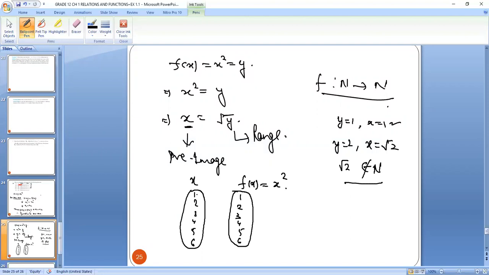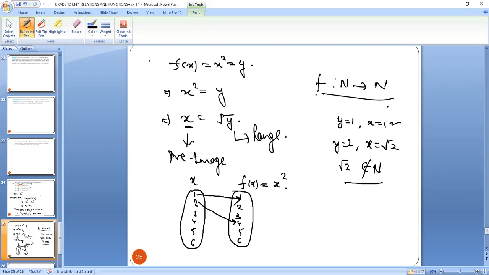Then 1 will be connected to 1, 2 will not, x is 2, then y will be, sorry, y is 2, then x is root 2, then root 2 is not there, the 2 is not connected to any element, 3 is not connected to element, but 4 is connected to 2. Similarly 9 will be connected to 3 and so on, but there will be so many elements which will be having no pre-image, but we have to write at least one element.